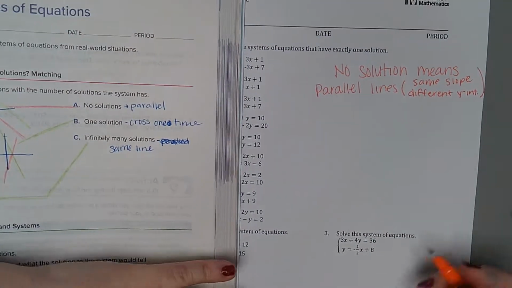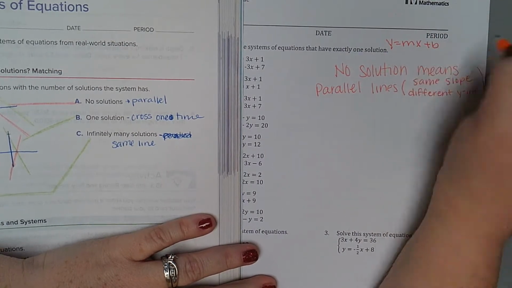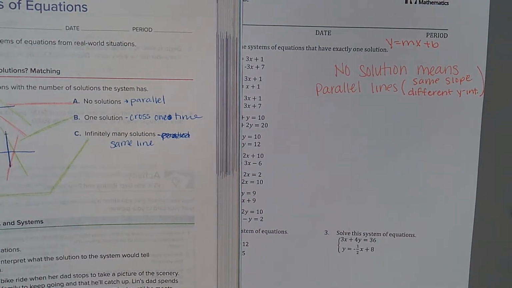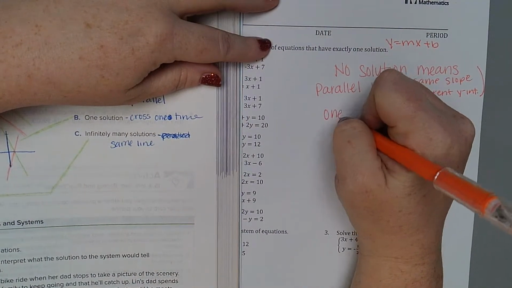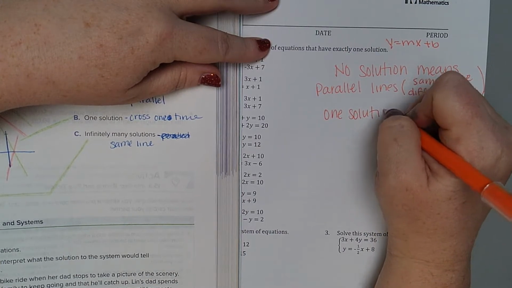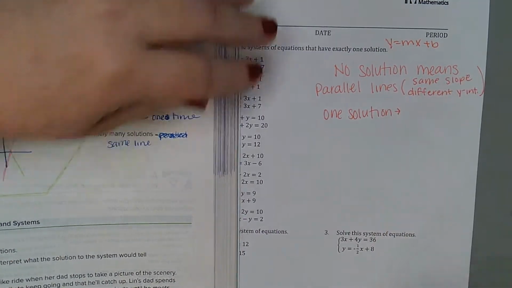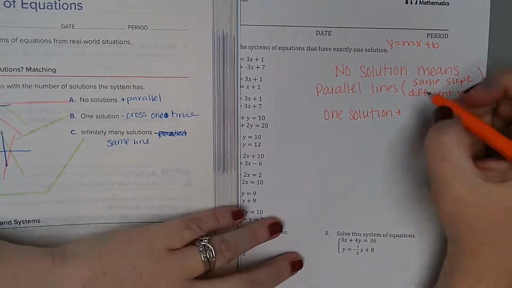And our equations are in y equals mx plus b form, slope-intercept form. If there's one solution, the lines cross, which means they have different slopes.